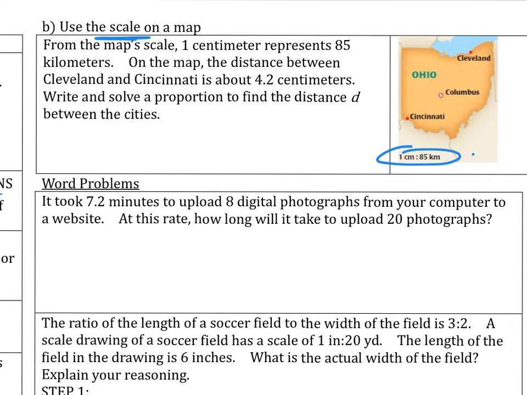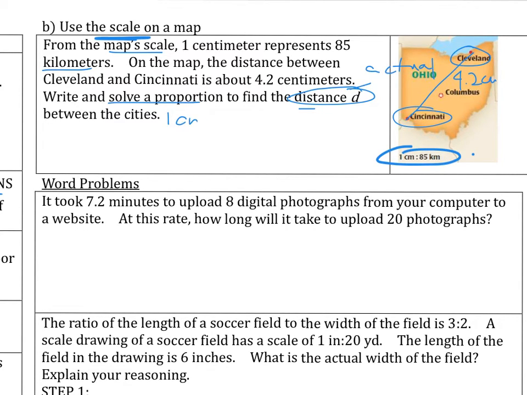So from the map's scale, 1 centimeter represents 85 kilometers. On the map, the distance between Cleveland and Cincinnati is about 4.2 centimeters. Write and solve a proportion to find the distance between the cities. So they're asking for the actual distance.